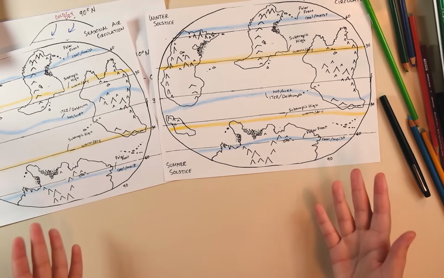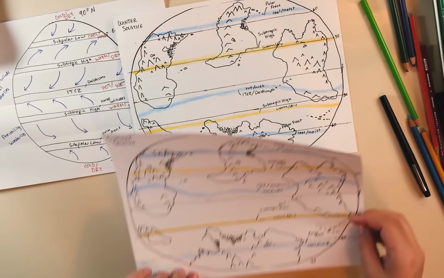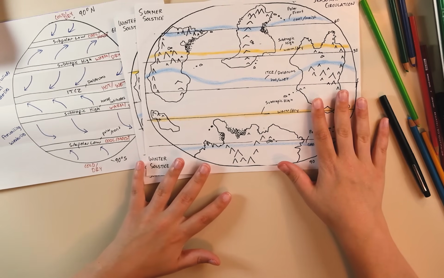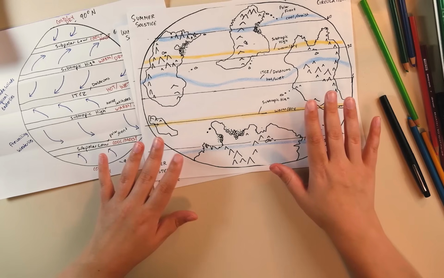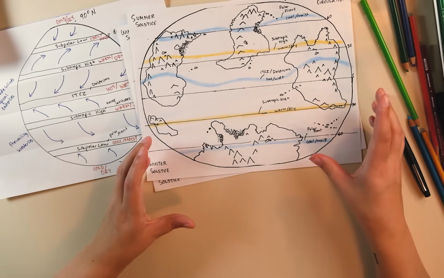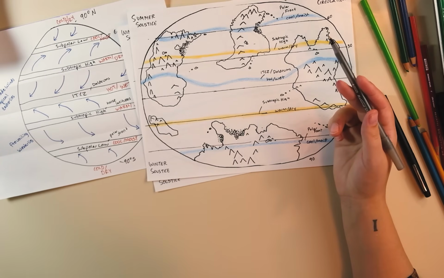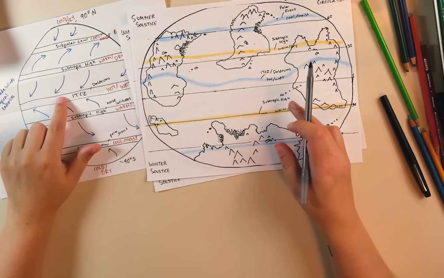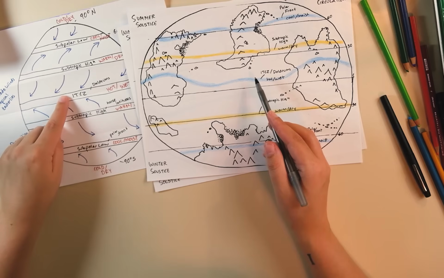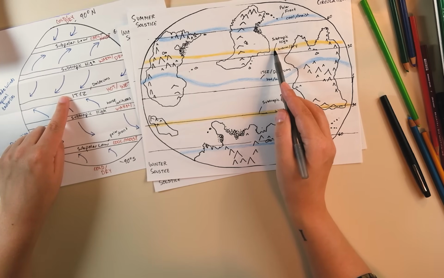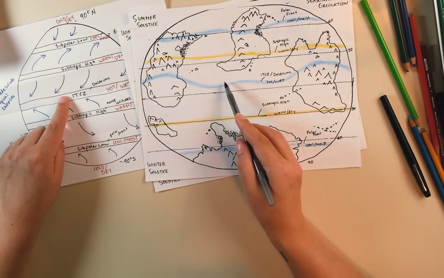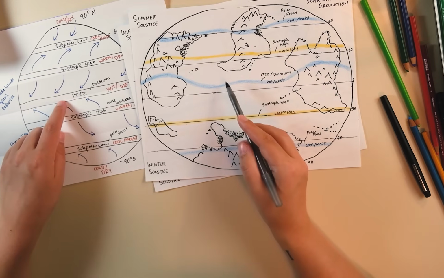Okay, so that's essentially what we have, and one more thing to help a little bit would be just to give an idea of your major wind cells. Essentially, your main wind circulation is going to follow this pattern here. So we're going to go from our subtropic high towards the ITCZ, moving in this direction.